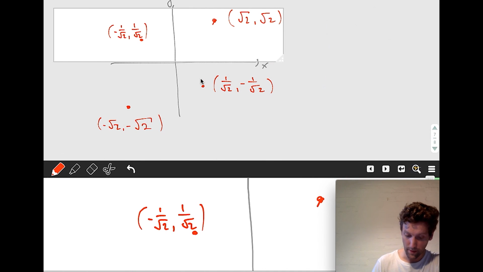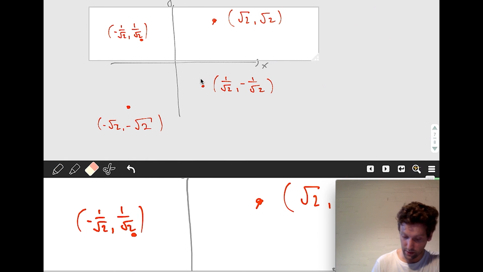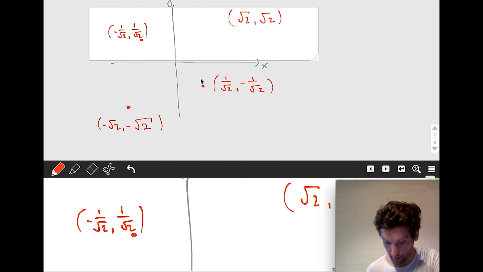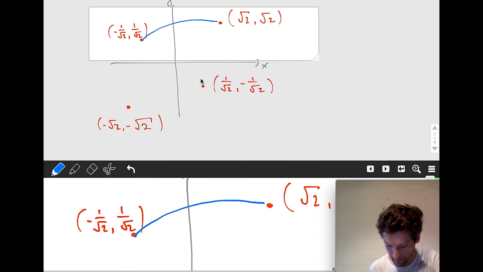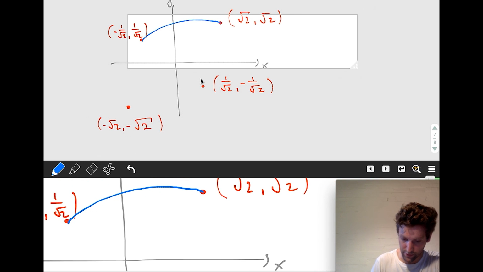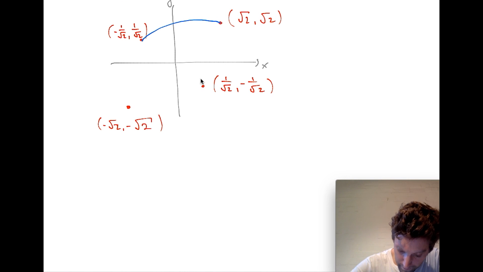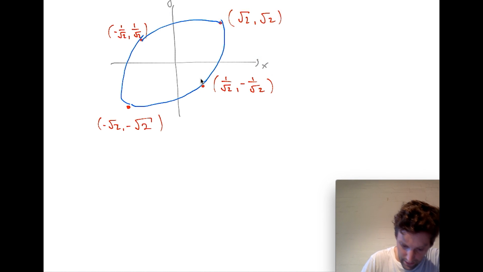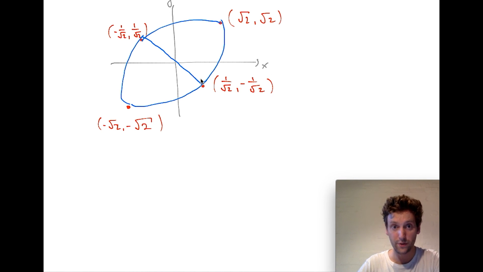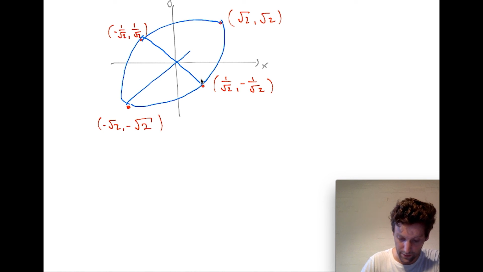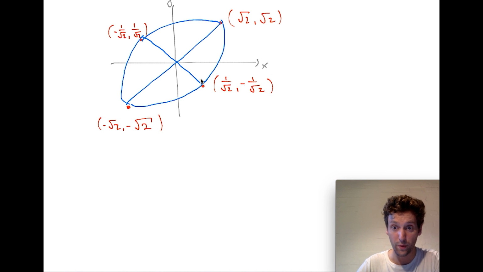So those are the 4 points that are closest and furthest away from our origin. And they all lie on the ellipse. So they all lie on the constraint. So you can see that the closest distances will correspond to those 2 points, and the furthest distances will correspond to those 2 points.